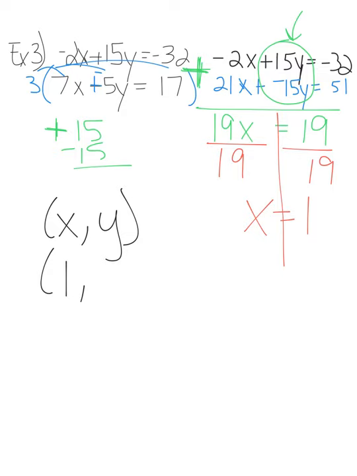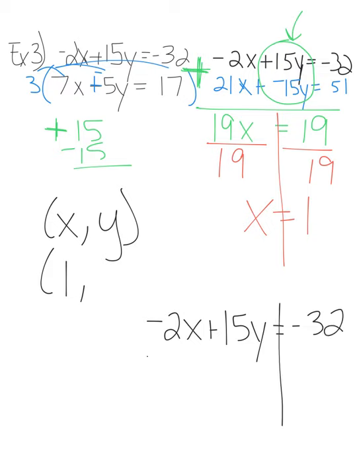We know our x value is 1. Let's pick one of those original equations. I'm just going to go ahead and take the -2x plus 15y equals -32. I'm going to put the number 1 in for x because that's what we just found. -2 times 1 is a -2.